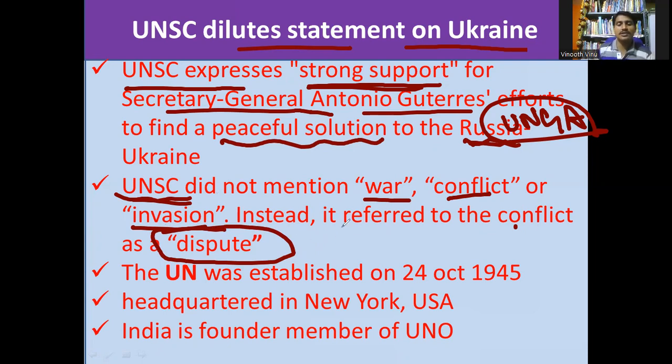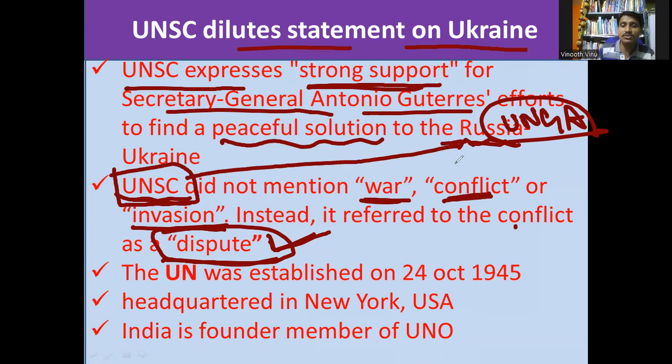Understood? So they just termed it a dispute. But actually, war is occurring, conflict is there, invasion is there, but they used just the term dispute. Why? Because under the Security Council, there is a dominance of Russia also. Therefore, they have termed it just a dispute.